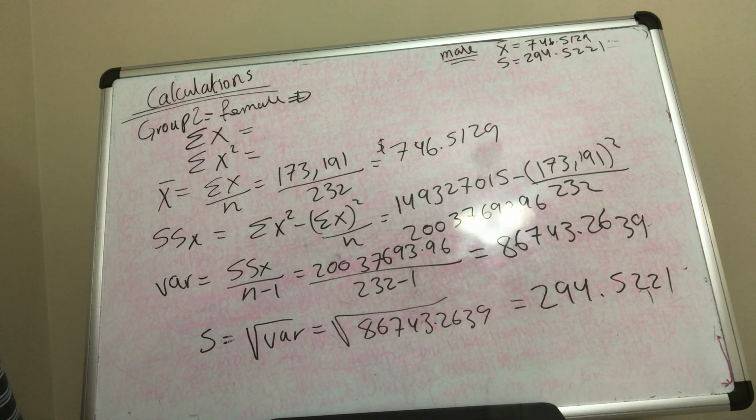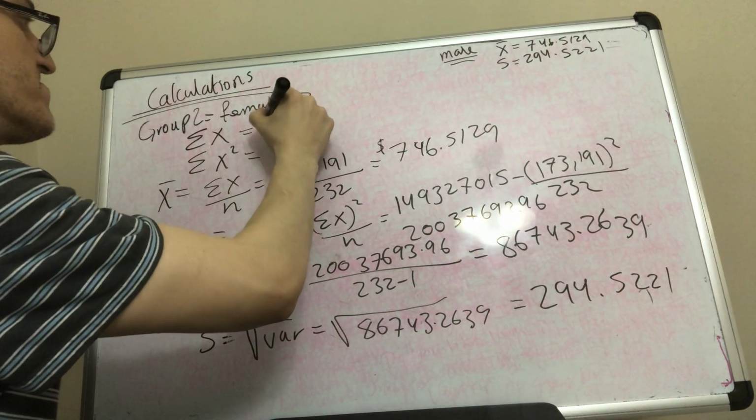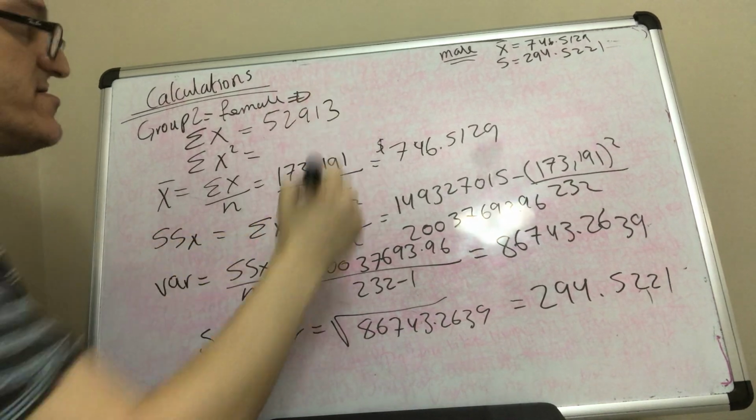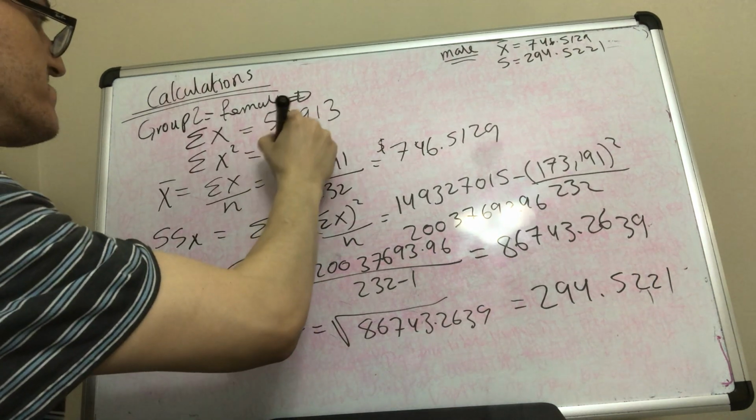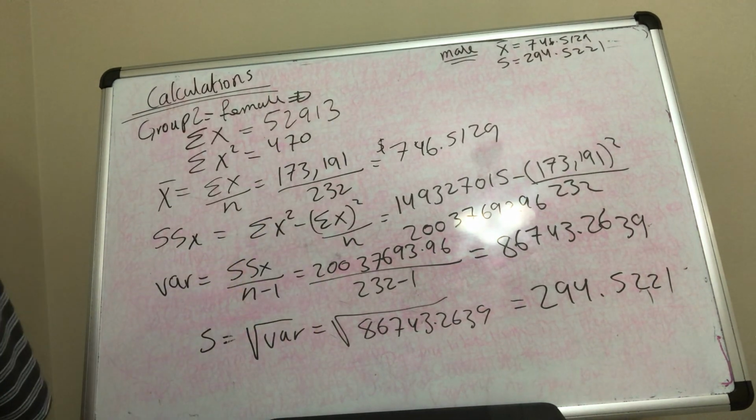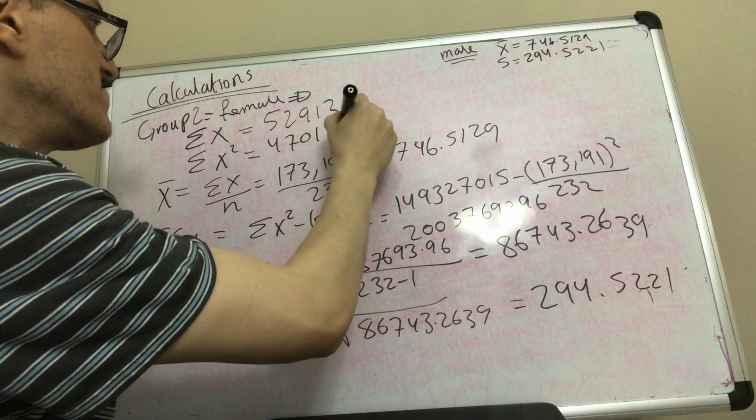The sum for females is 52913, and the sum of squares is 47012517.